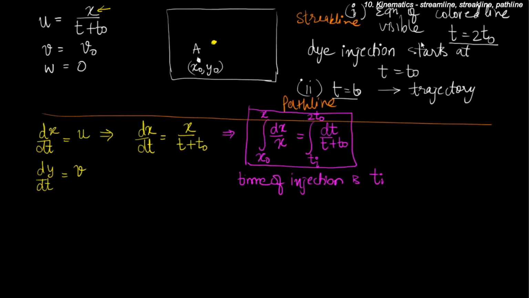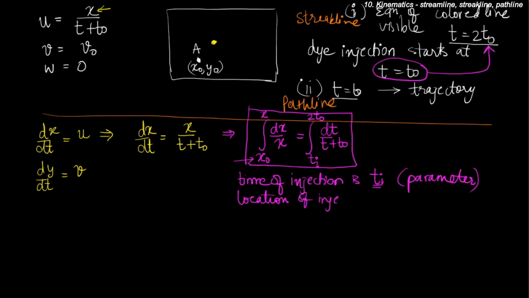Ti can vary smoothly from t equal to t naught to t equal to 2 t naught, so I will keep it as a parameter. The location of injection is x naught, y naught, and this final location x will depend on what ti is.